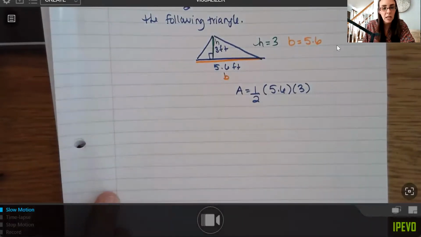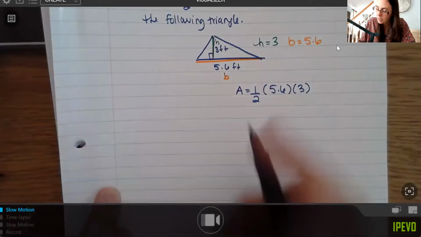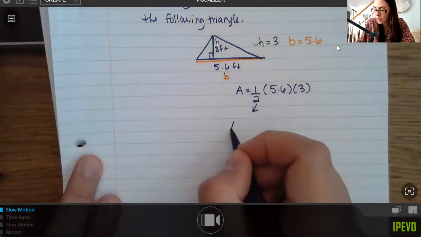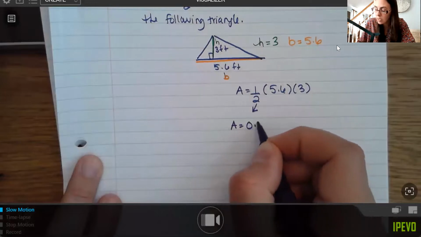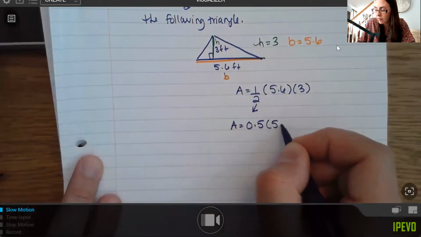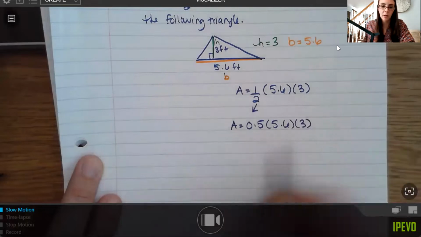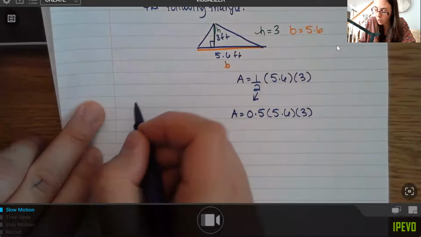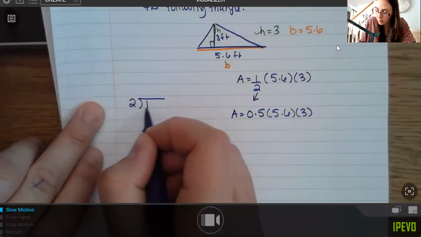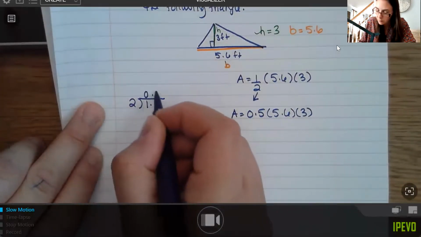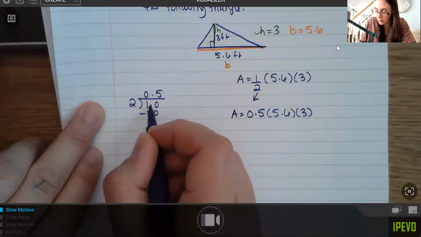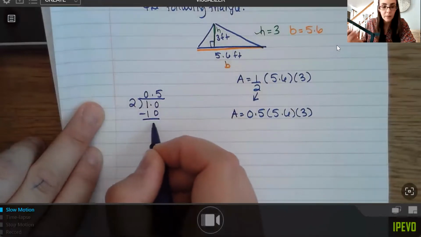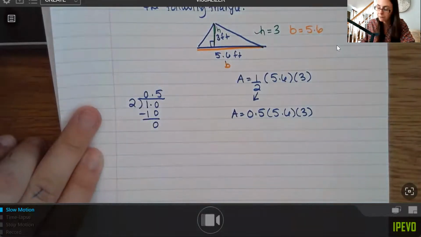So you may want to change either your decimals to fractions or your fractions to decimals, whatever is easier for you. Now, this 1/2 is one that we've seen before. It's a pretty common fraction, so you may already know that it's 0.5. So you may just want to change that over to 0.5 to make it easier. If you don't know how to do that, remember that you can always go back to your division there and attach that decimal and those extra zeros to figure out the decimal.